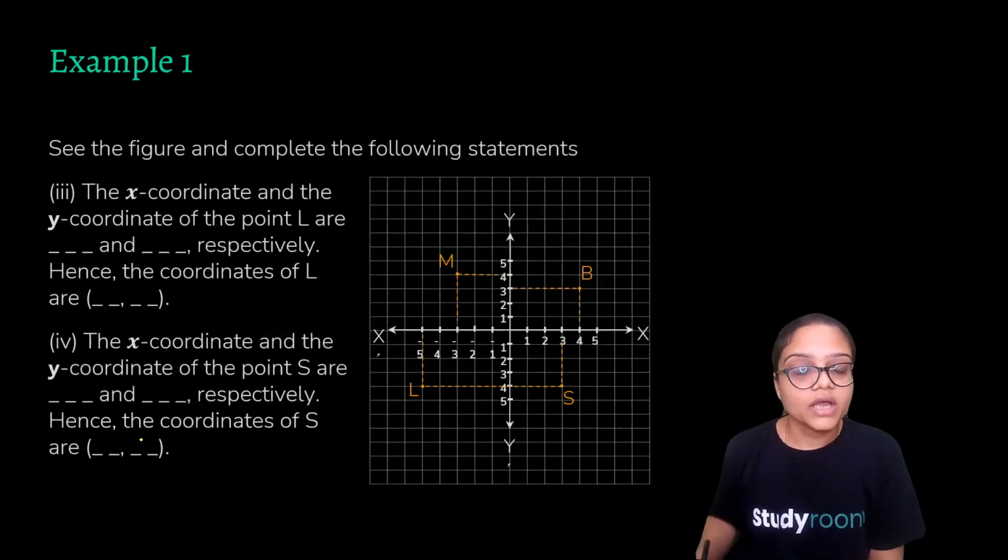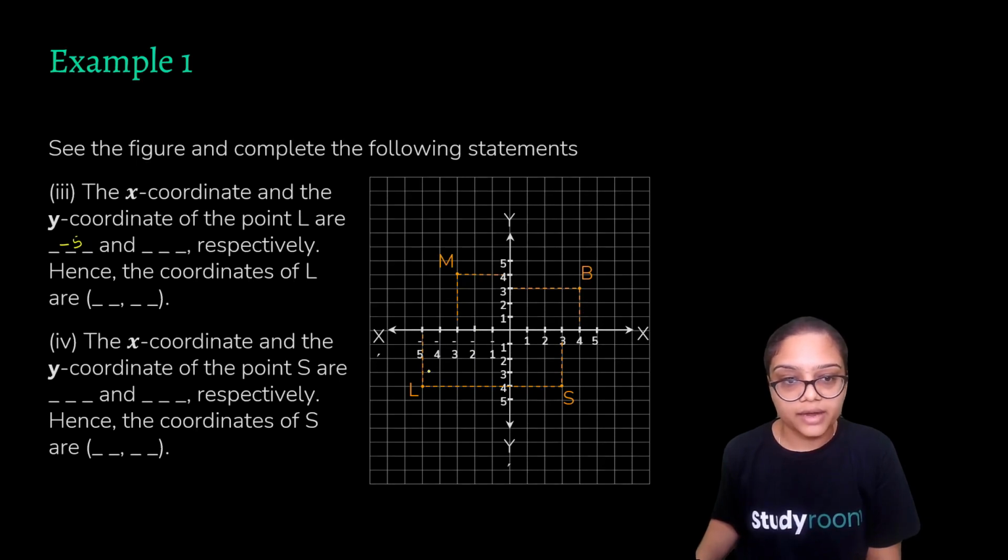Simple. Okay. Now for the L point, perpendicular distance 1, 2, 3, 4, 5 and negative direction, so -5. From the y-axis it's 1, 2, 3 and 4. So the coordinates are (-5, 4). And last but not the least, S, the perpendicular distance is 1, 2, 3.